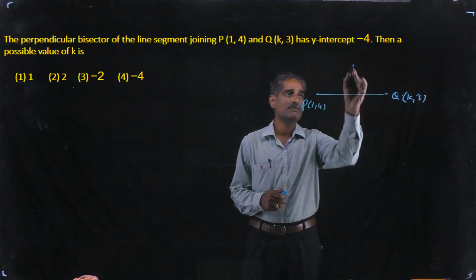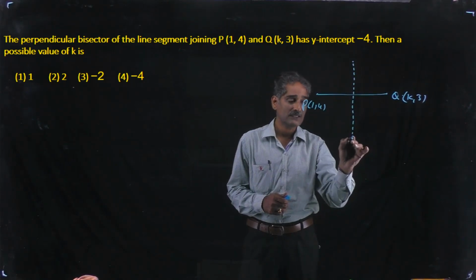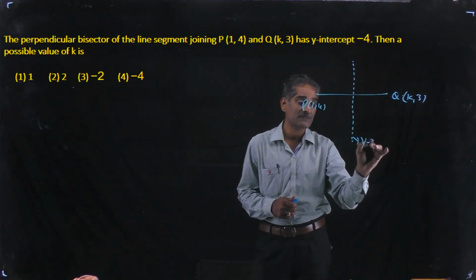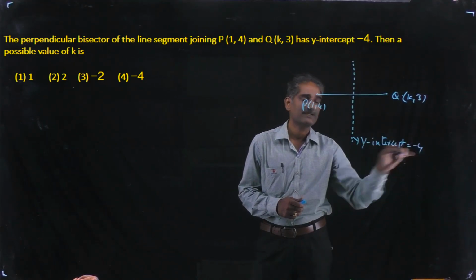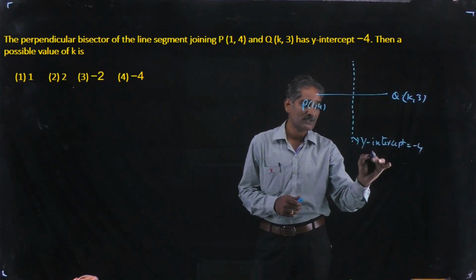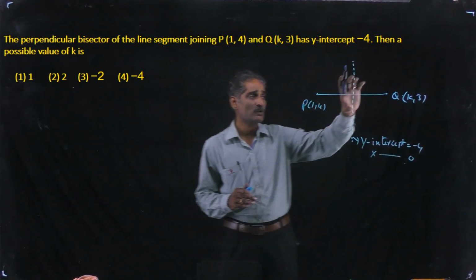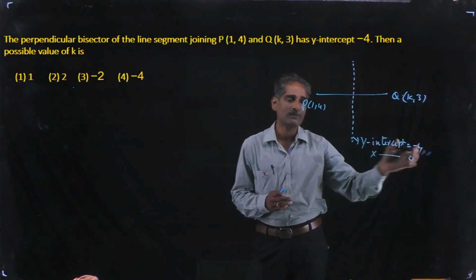Suppose this is the perpendicular bisector. Given that the y-intercept of this line is −4, in this case x equals 0. So we have to find this equation and apply the y-intercept equal to −4, then we will get k.